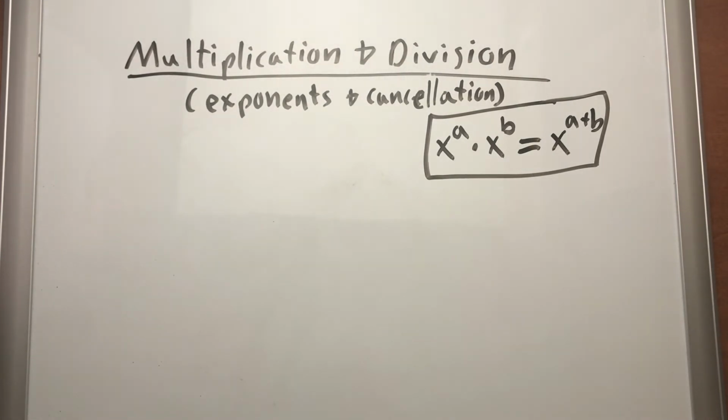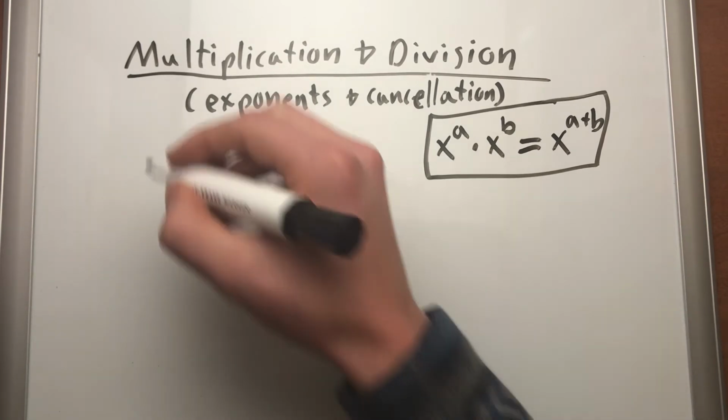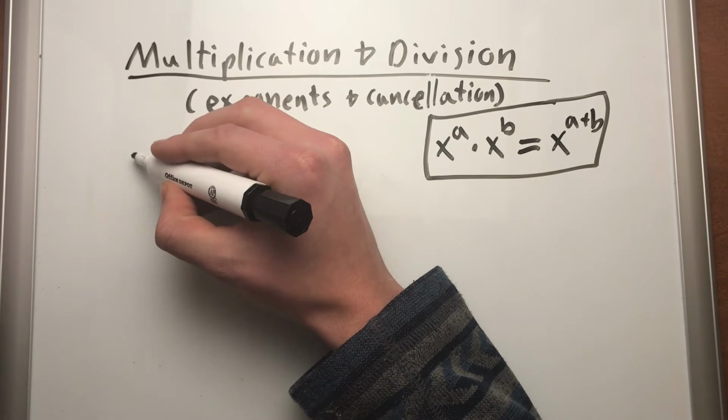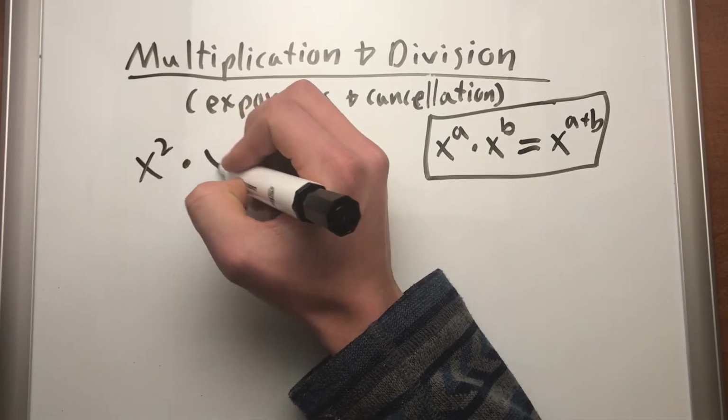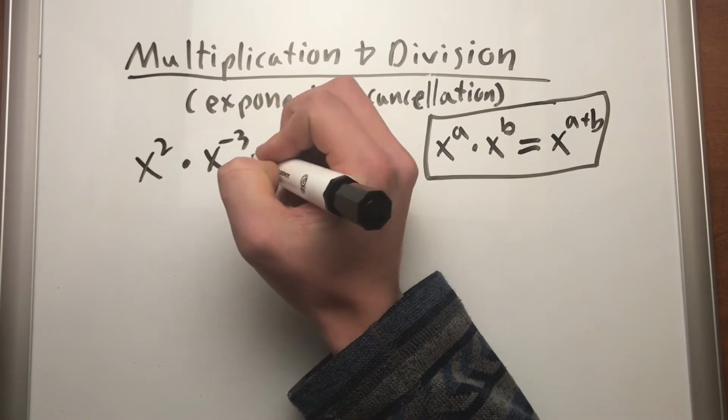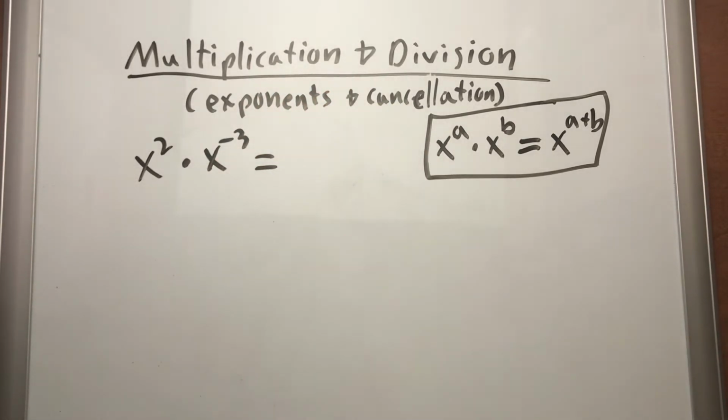Now, it is possible to have an exponent with a negative value. So how do we use this rule when we have exponents of negative values? Let's rewrite our original expression as x squared times x to the negative 3rd. What is that equal to?